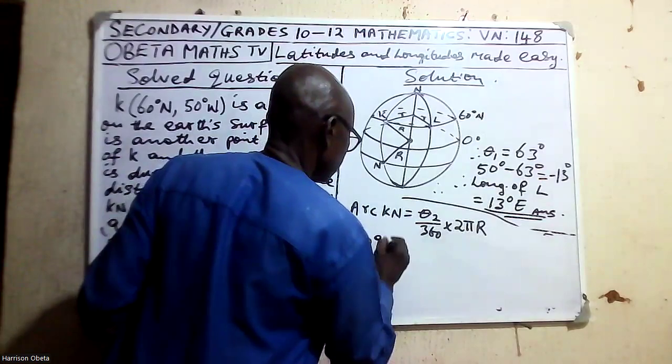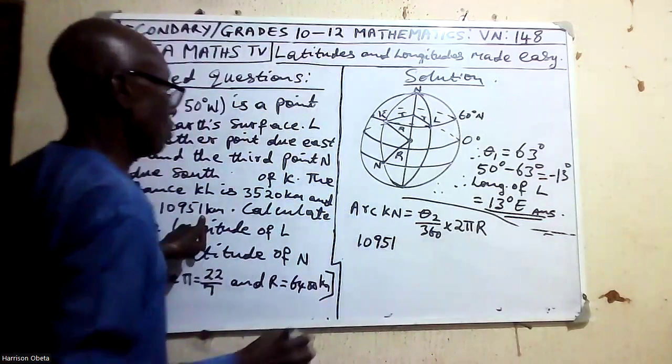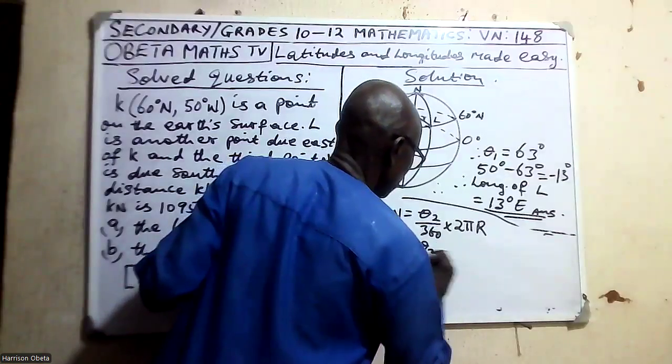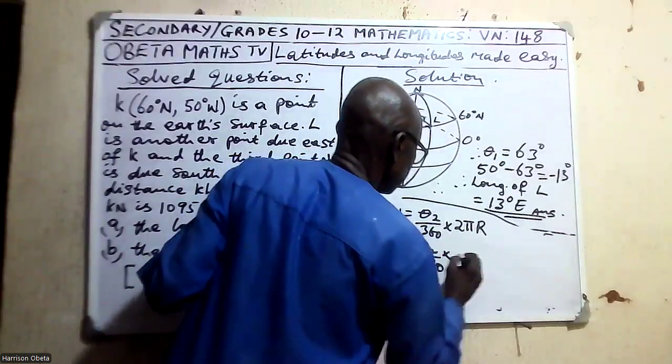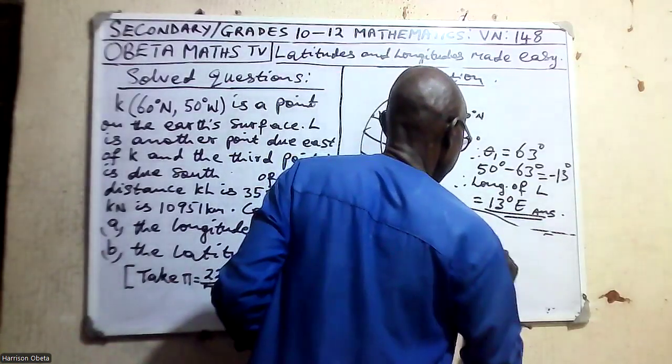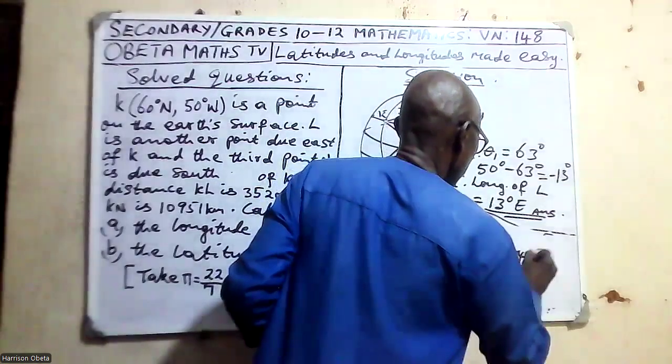So that means that picking the value, we have 10951 kilometers is equal to theta 2 over 360 times 2 times 22 over 7 times 6400.